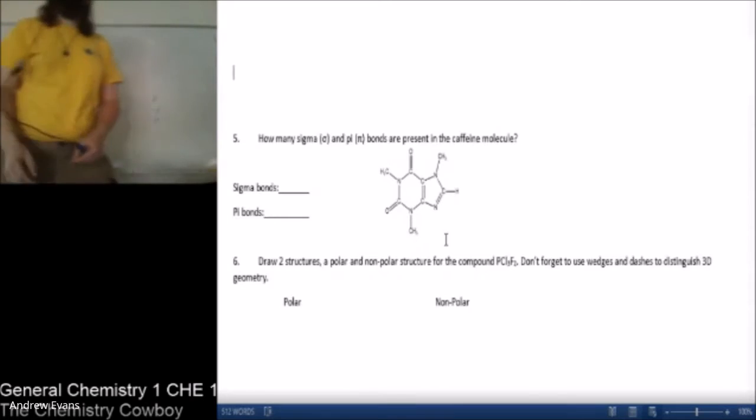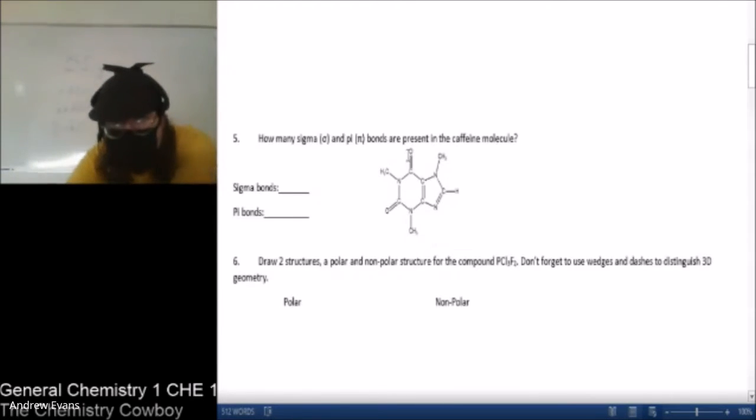So 4 pi bonds: 1, 2, 3, 4. So 25 sigma, 4 pi. And that would be for that molecule.